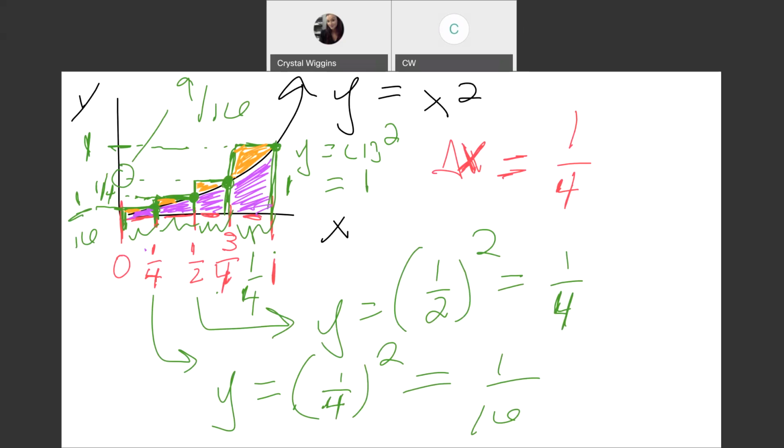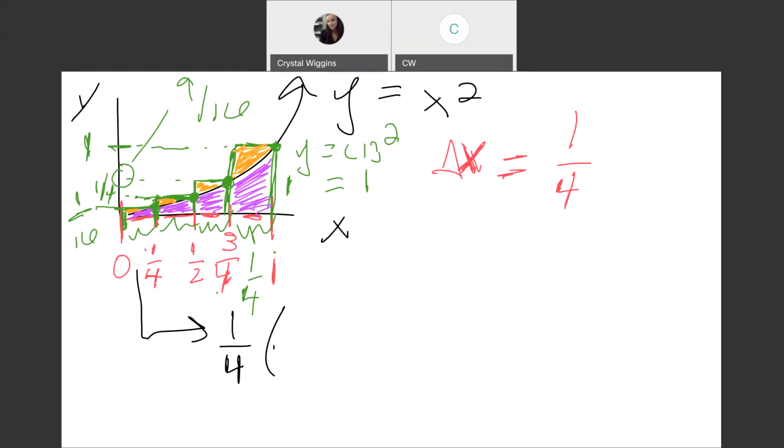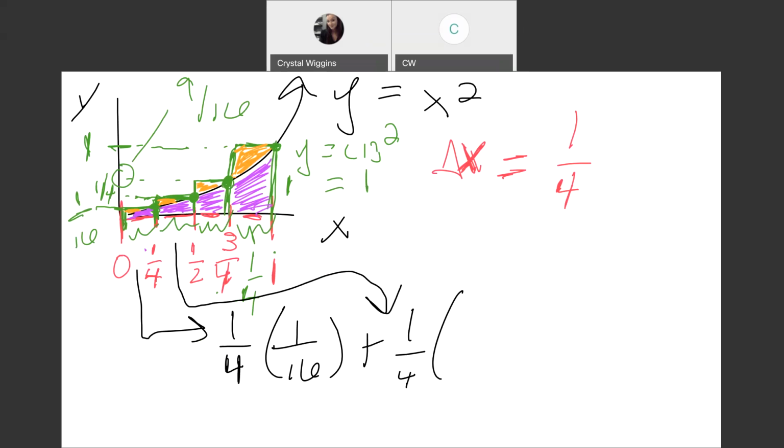So let's talk about what this looks like to add up the area. So now that we have all our rectangles, we want to find the area of each individual rectangle and add them all up like we would with that polynomial example. Okay, let's try this. So my first rectangle has a width of a quarter and a height of 1/16. So length times width, rectangle 1, plus my second rectangle has a width of 1/4, but a height of 1/4.